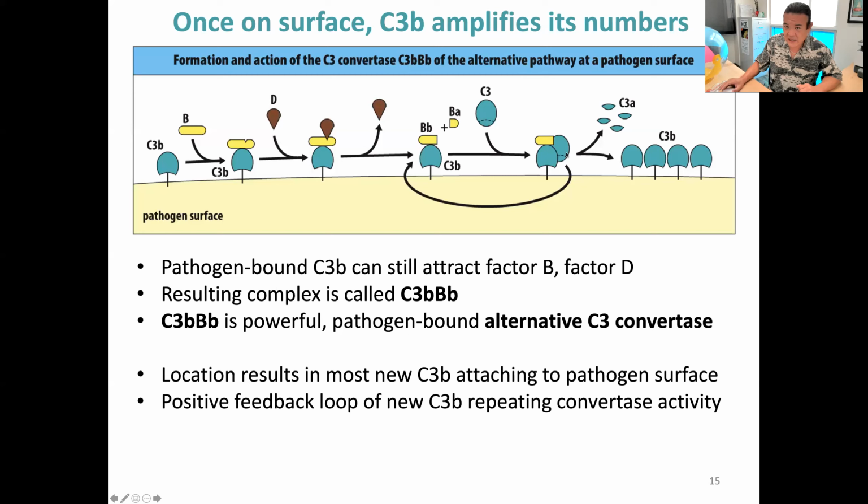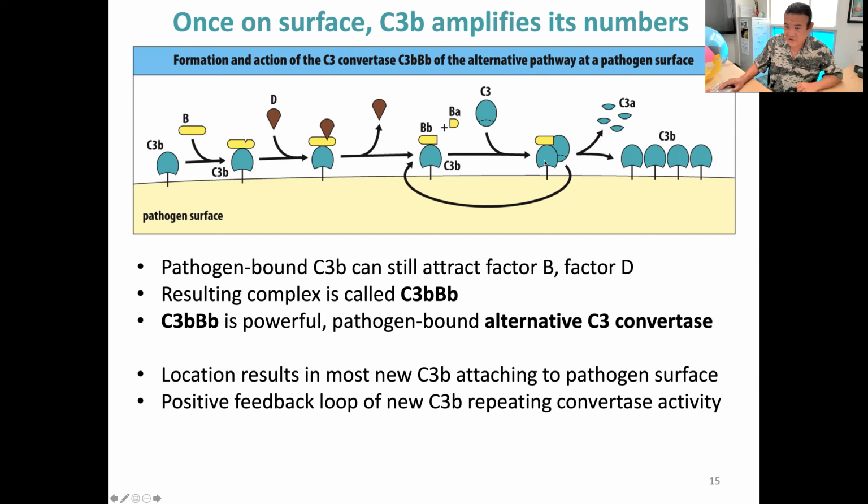The C3bBb convertase complex is converting more C3s that are coming in. And because it's doing so already attached to the surface, those C3bs are far more likely to be attached themselves.